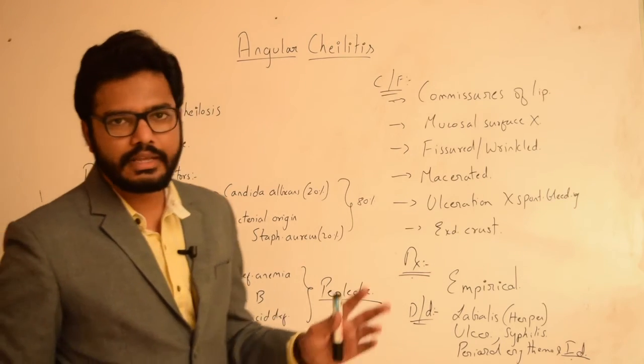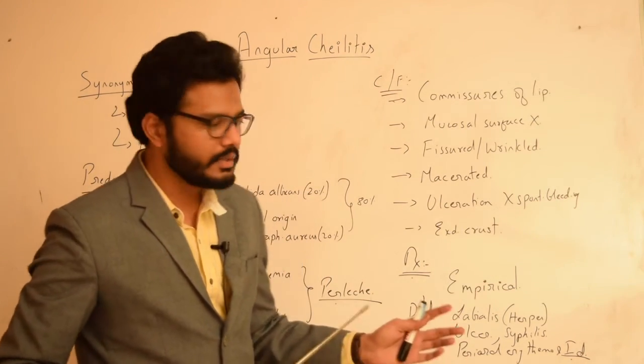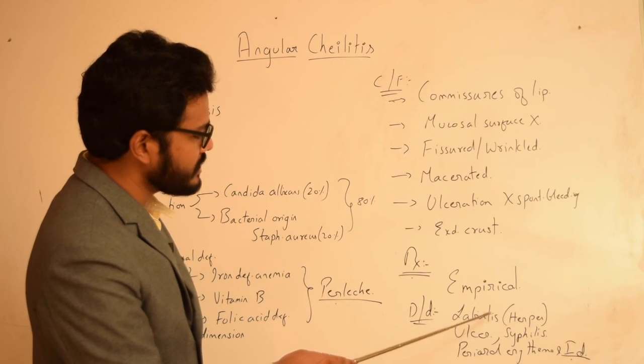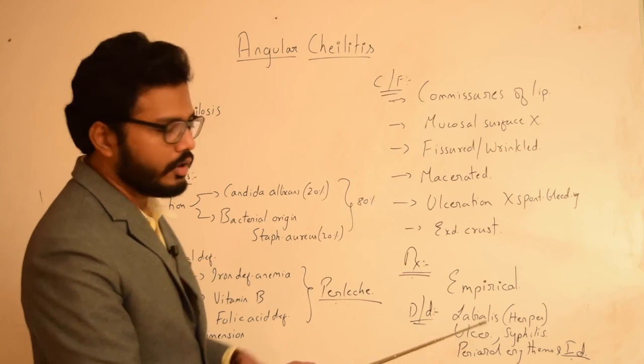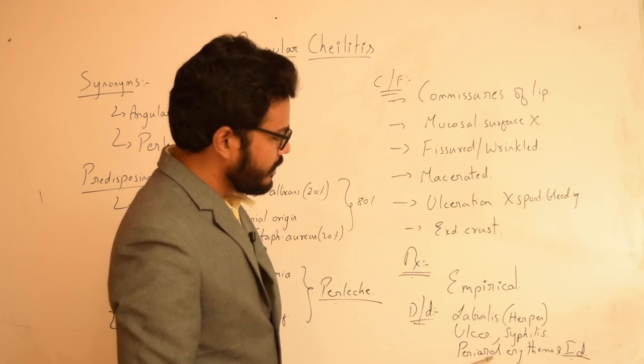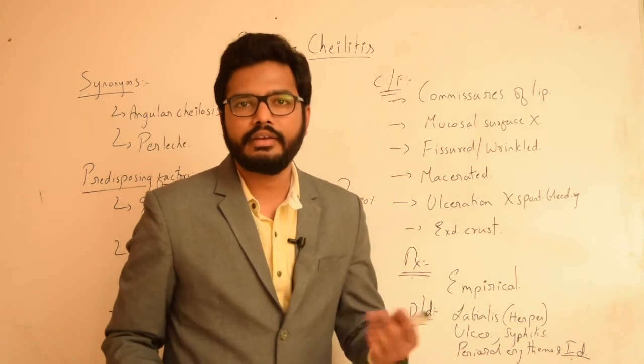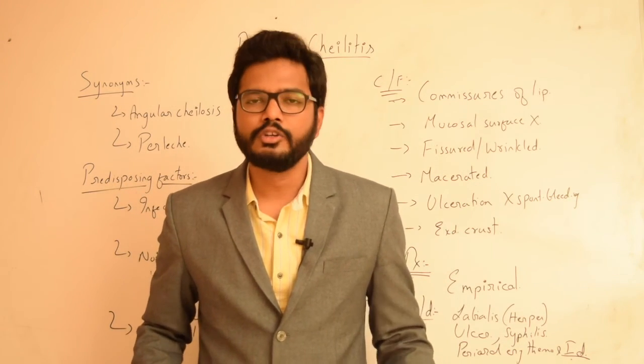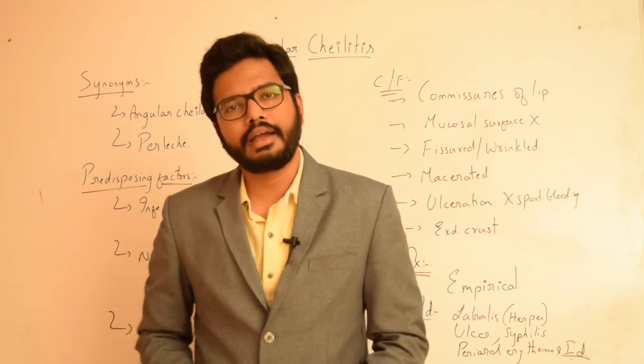The treatment is empirical depending upon the etiology, and differential diagnosis includes herpes labialis, ulcer formation because of a known trauma, syphilis, perioral erythema, and also ID reaction, which is nothing but a localized sterile vesiculopapular rash, right? So this is in brief about angular cheilitis.